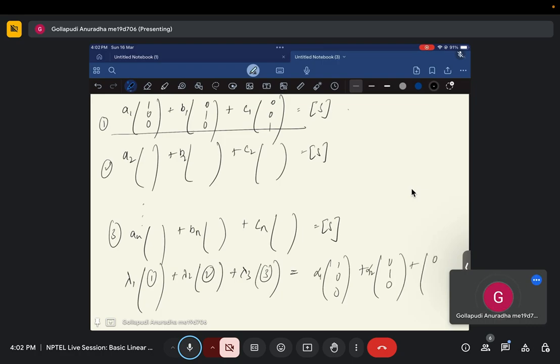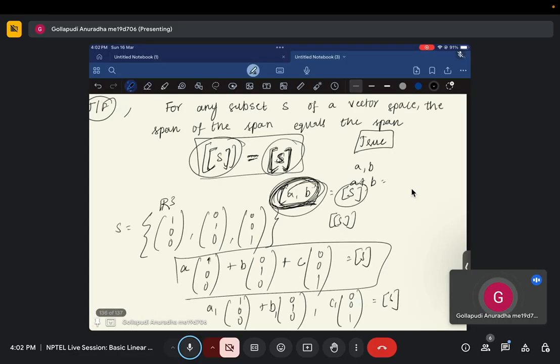That's what I'm trying to say. So the span of the span will again come to this only, right? So even this will be in the span of S. So that's the true statement. Did I convince you?